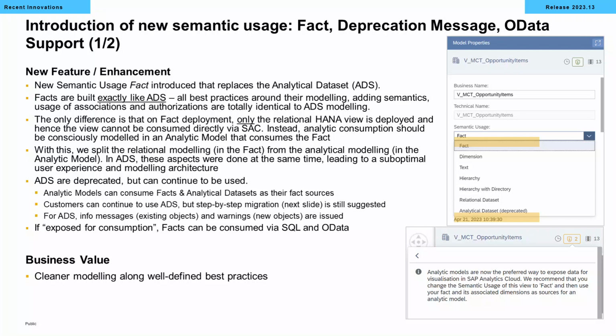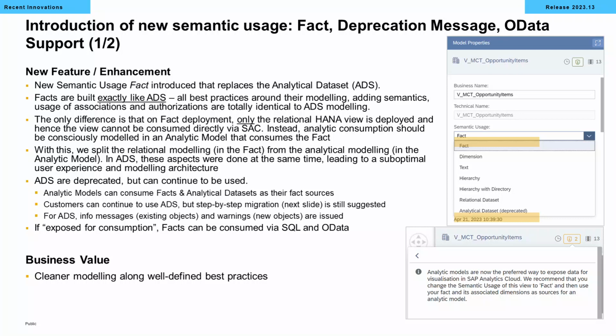Also, facts can be exposed for consumption, but what this means is that the corresponding HANA view, hence the relational object, can be consumed via SQL and OData, just in the same way as ADSs are. And this all in all leads to a much cleaner separation of relational and analytical modeling, with clear best practices.